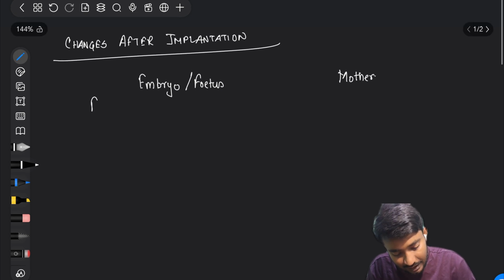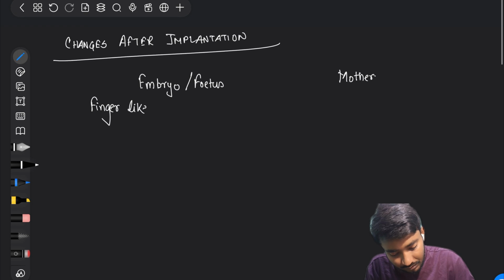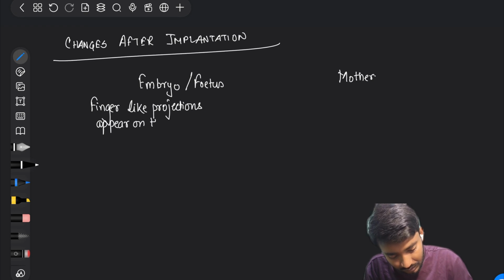So what happens? The embryo's finger-like projections appear on the trophoblast, called chorionic villi.